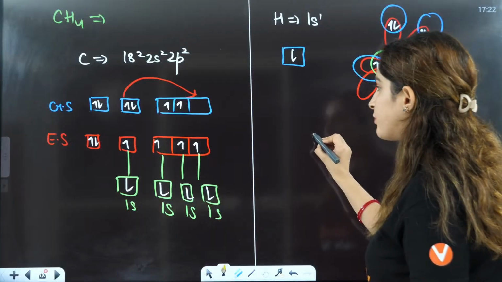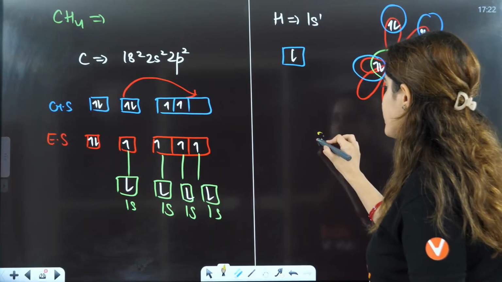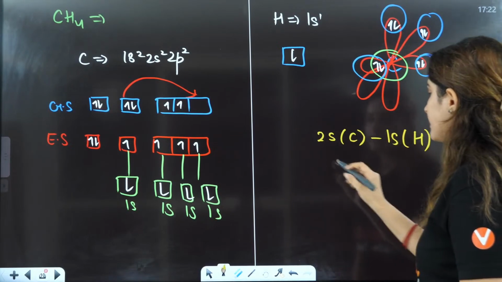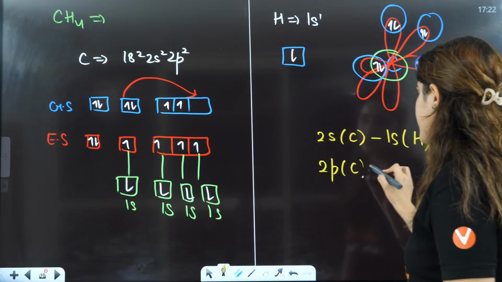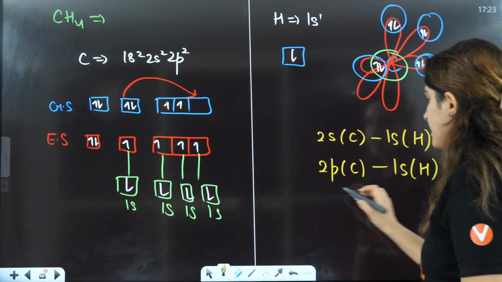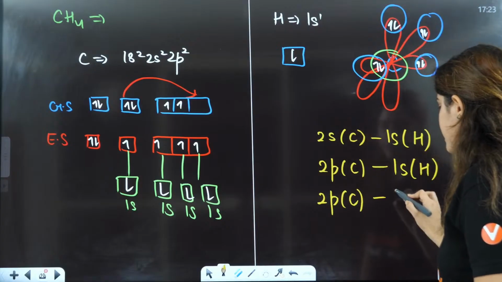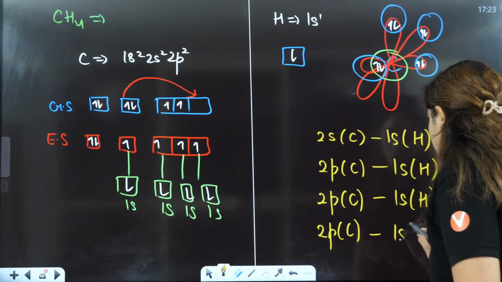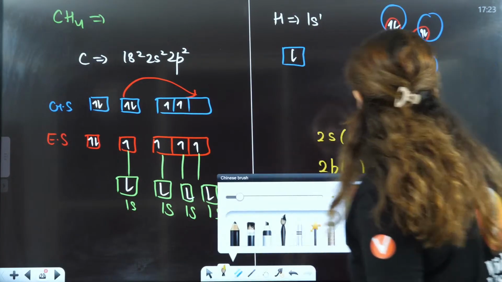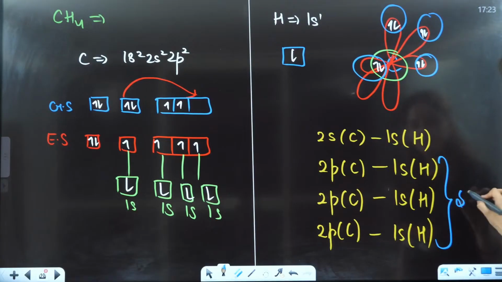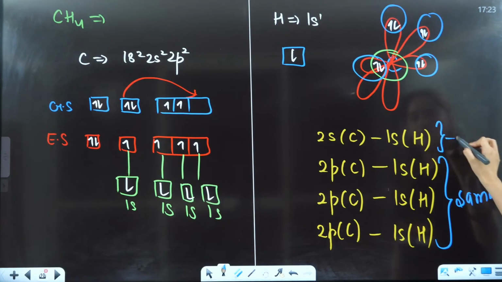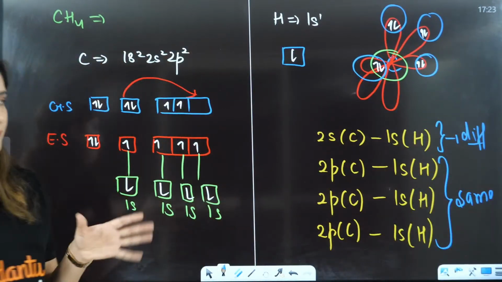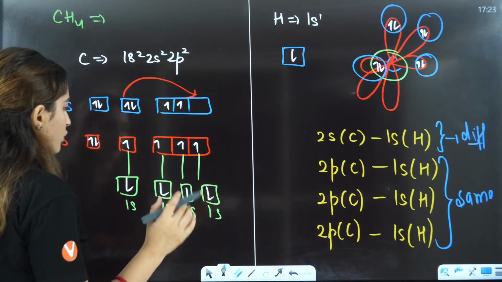First bond will be between 2s of carbon and 1s of hydrogen. Then a bond between 2p of carbon and 1s of hydrogen. Then 2p of carbon, 1s of hydrogen. Then another will be 2p of carbon and 1s of hydrogen. So that means these 3 bonds are the same. This one is different. So in CH4, according to this theory, what should happen?